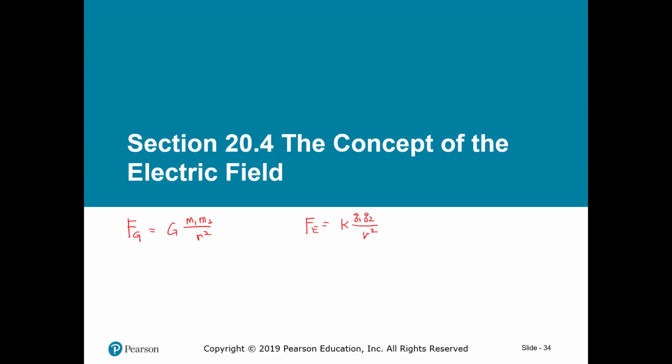The physical meaning of the gravitational force is a force between two objects with masses. Electrical force is a force between two charges, right? With non-zero charges. One example of gravitational force is the force between you and the Earth, which is your weight.